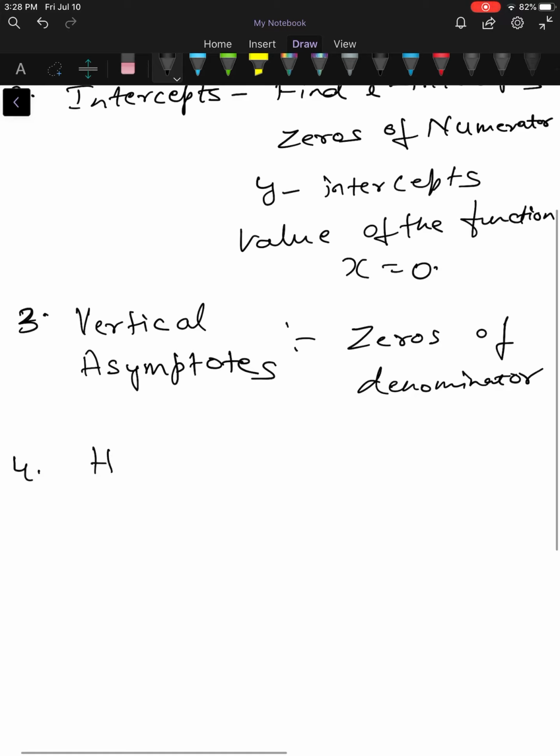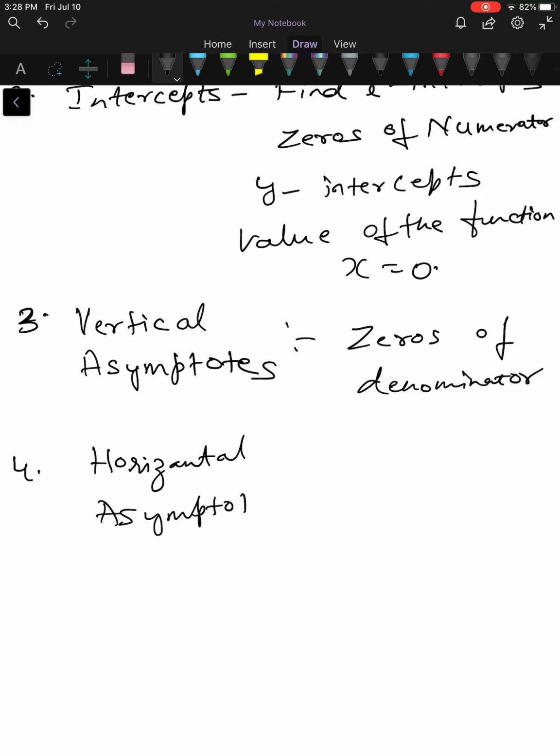The fourth one is horizontal asymptotes. What did we do with the horizontal asymptotes? We had different cases. If the degree of the numerator and the denominator are equal, the horizontal asymptote is the leading coefficient of the numerator divided by the leading coefficient of the denominator.